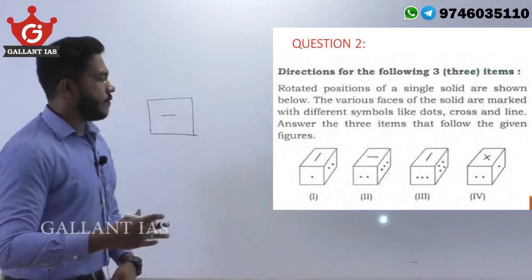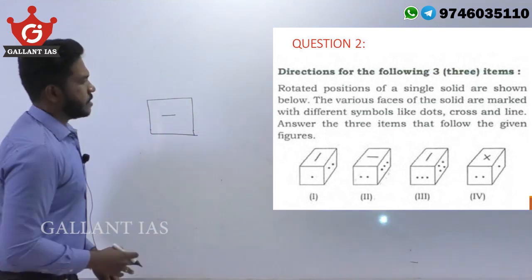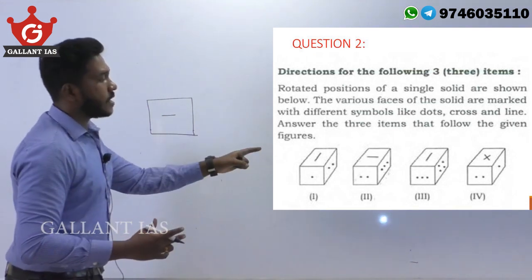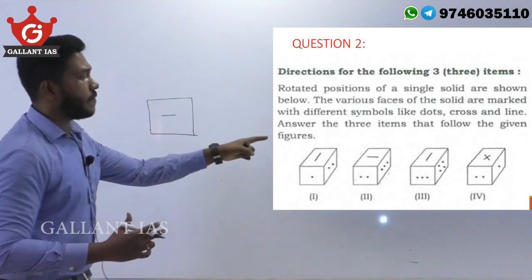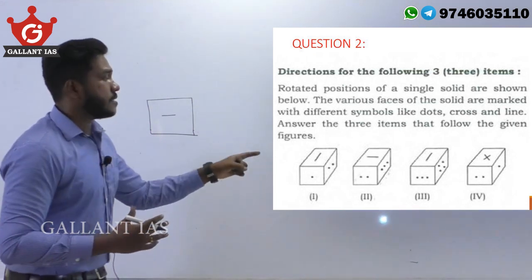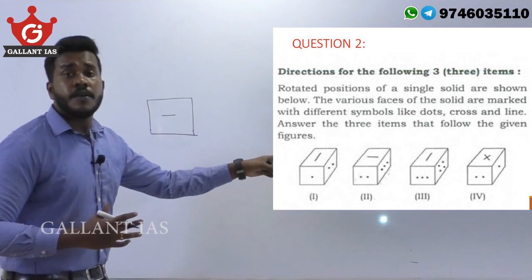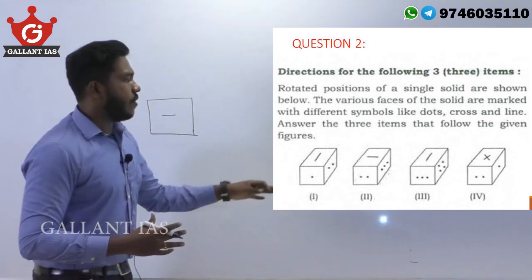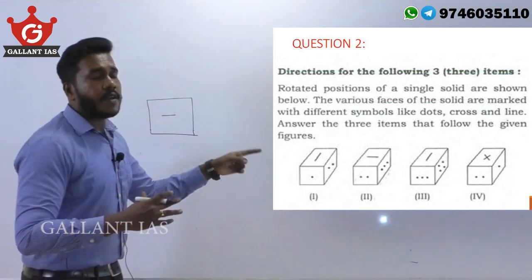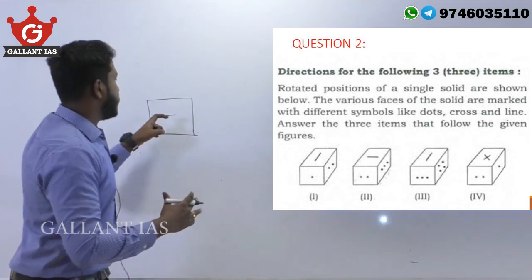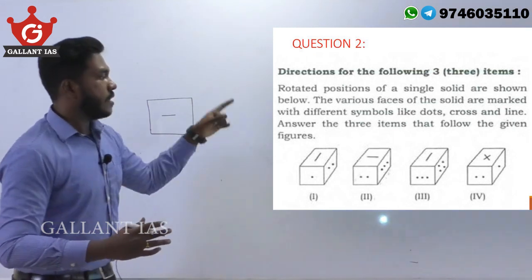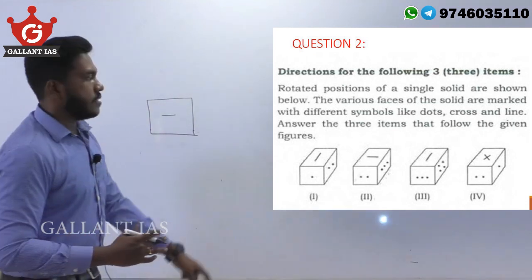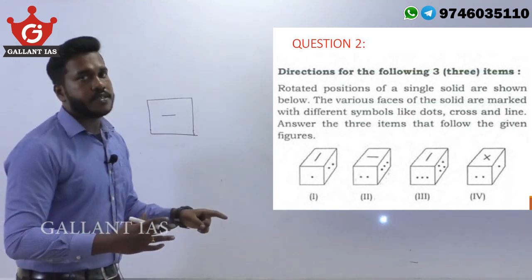Consider the first orientation. In the first orientation, we found that the line face is adjacent to the face containing value 1 as well as the face containing value 2. So our next step is to draw the faces containing value 1 and value 2 adjacent to the line face, and make sure that the faces with values 2 and 1 are adjacent to each other as well.